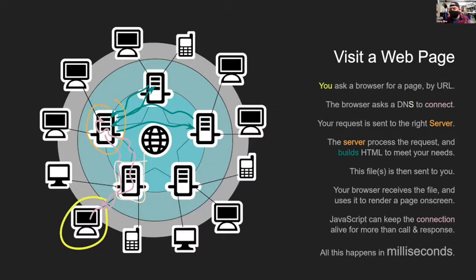And then if you want, JavaScript can keep that connection alive even longer. But all of this happens in milliseconds, less than 100 milliseconds for you to get to pretty much any web page that's worth its time. And load times are definitely a way that websites are ranked. So companies try their very hardest to get those load times as low as possible.